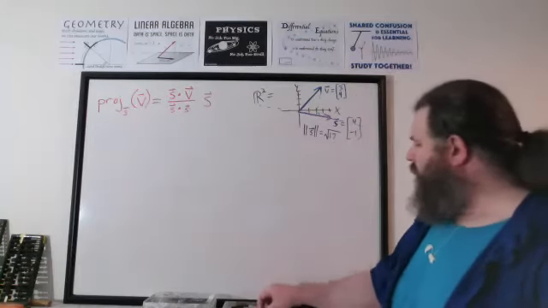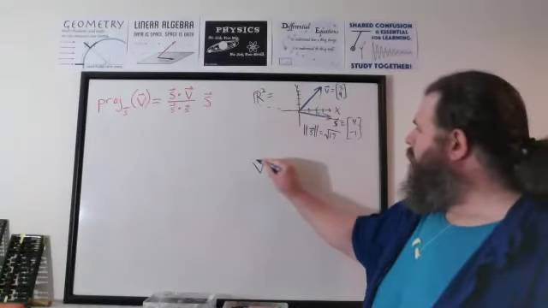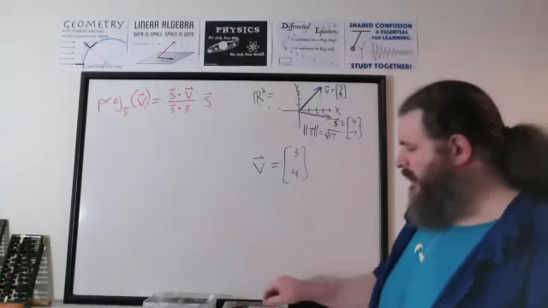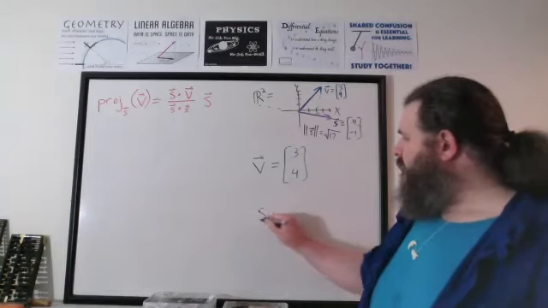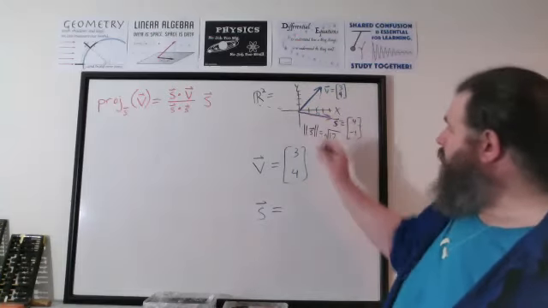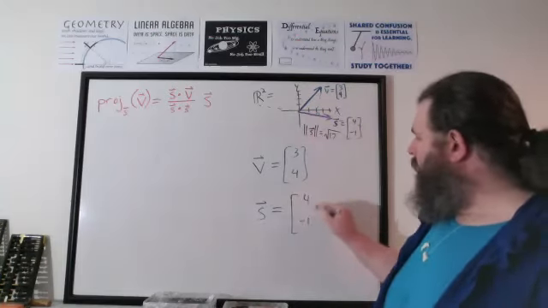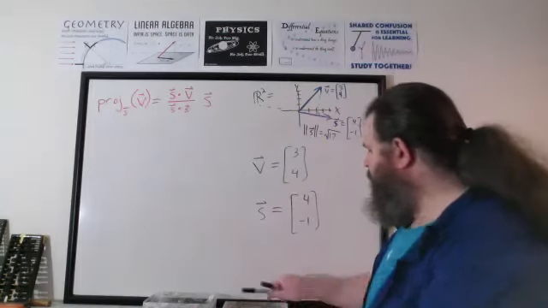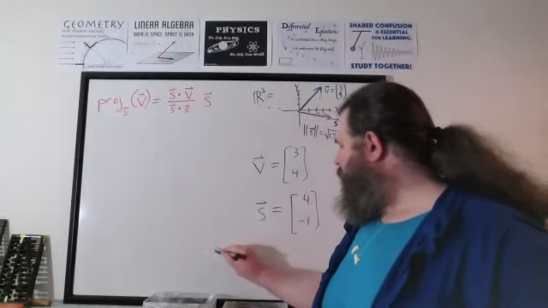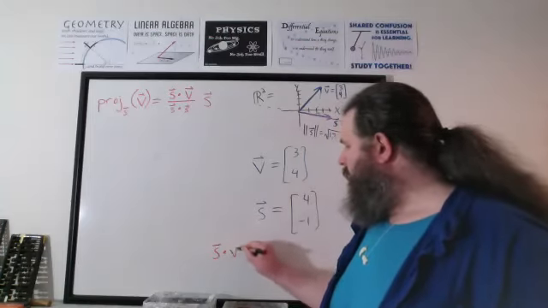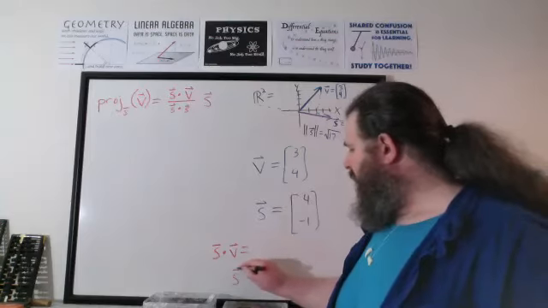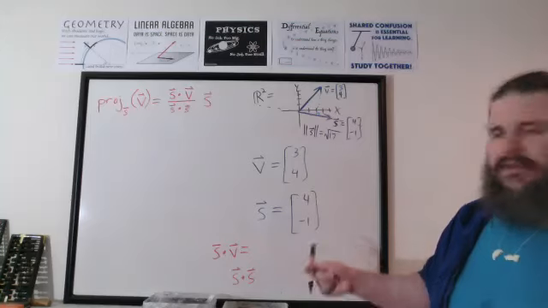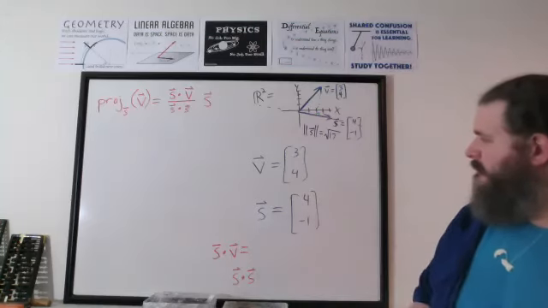If we have vector V is 3, 4, that's our input vector, and vector S describing the target direction that we want to flatten it onto is 4, -1. Then let's calculate each piece of this individually: S dot V and S dot S. What would S dot V equal if you're taking the dot product of these two vectors?